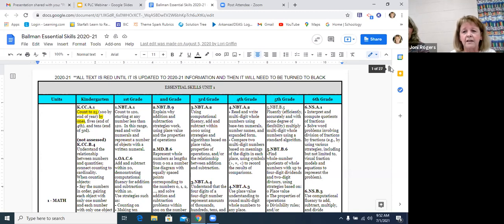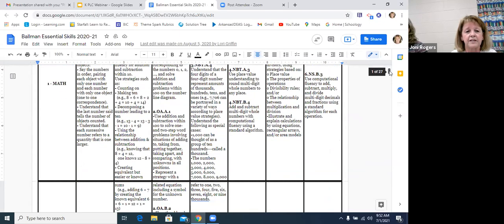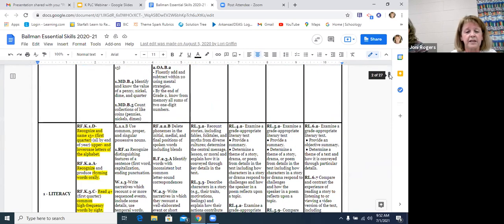We highlight to show what the focus is in that standard. So when first grade looks back at it, the first grade teachers can see what it is we're working on. And like I said, we do collaborate with them to make sure we're getting what they need to know to go into first grade. You can see there's 27 pages.